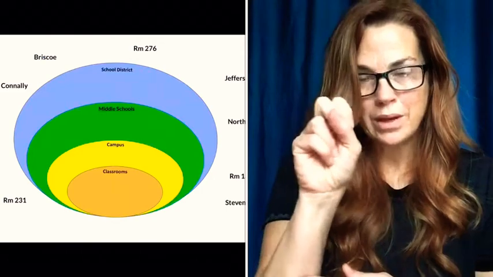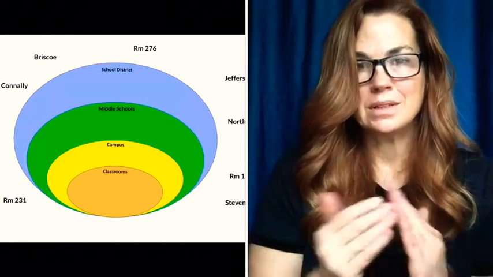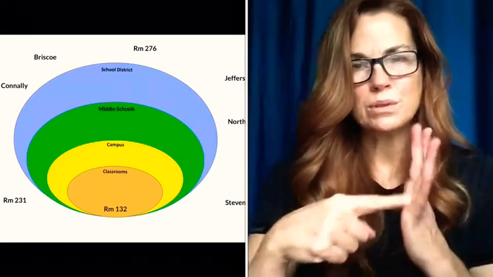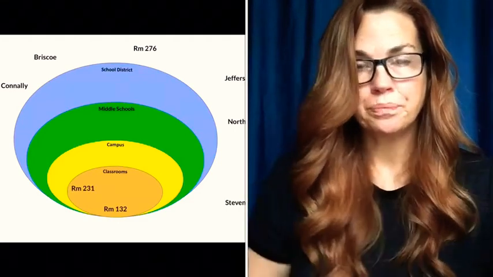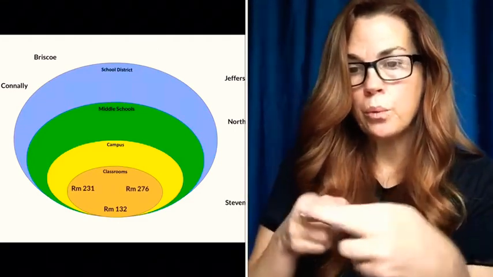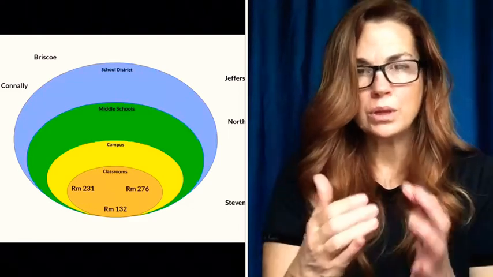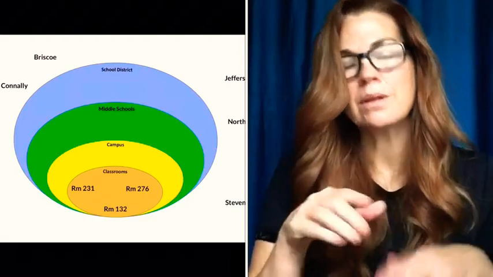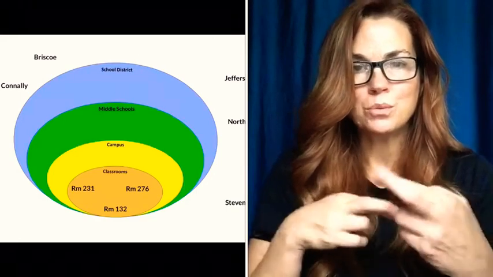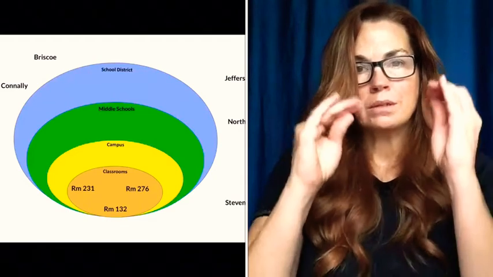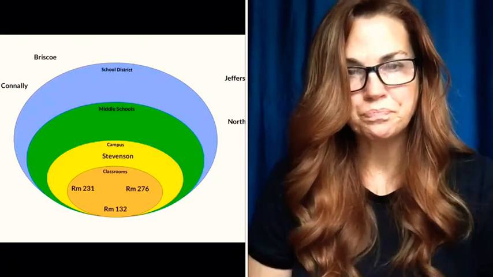Let's take a look at another example a little bit closer to home. We know that room 132, room 231, room 276 are all classrooms, and they belong to the set of classrooms. Their shared characteristic is they are places where instruction occurs. Those classrooms are part of the campus known as Stevenson Middle School.